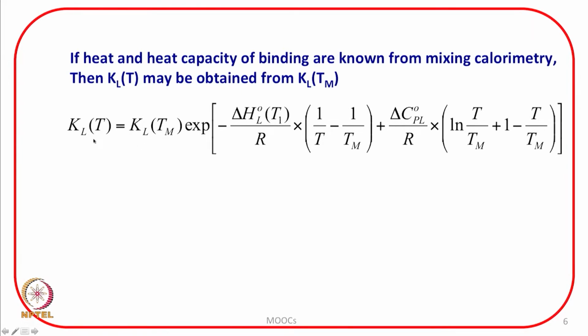So, KL at a temperature T is equal to KL at a temperature Tm times exponential of minus delta H naught L at Tm by R into 1 over T minus 1 over Tm, plus delta CPL in standard state divided by R into log T by Tm plus 1 minus T by Tm.